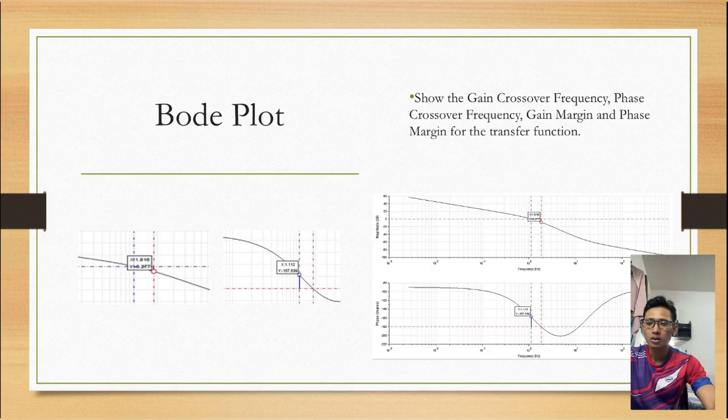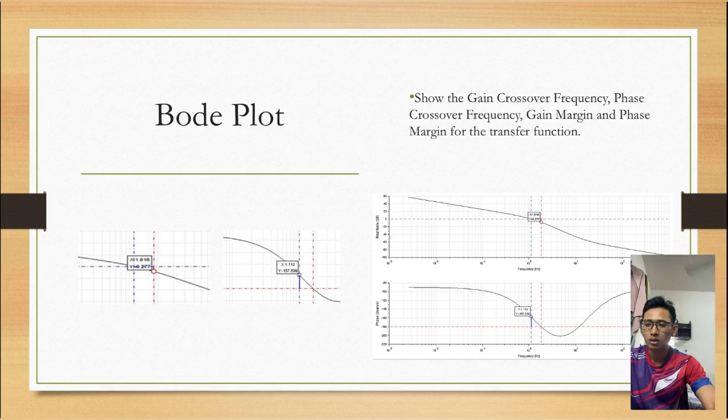As you can see, there is a reading at the magnitude plot. So it shows the gain margin.